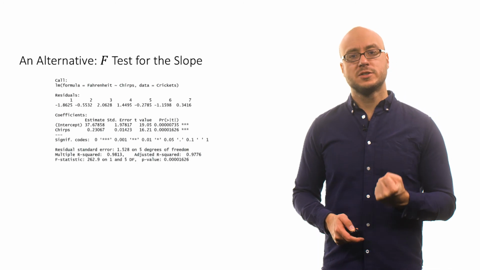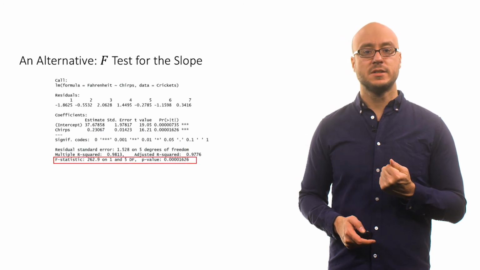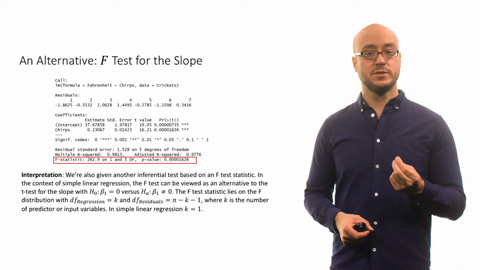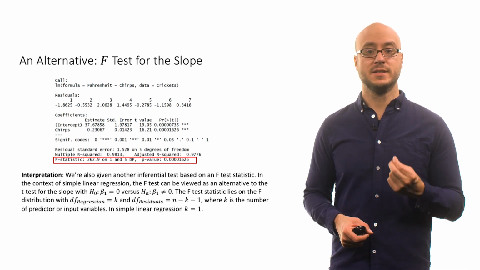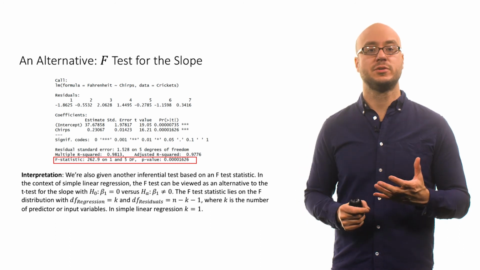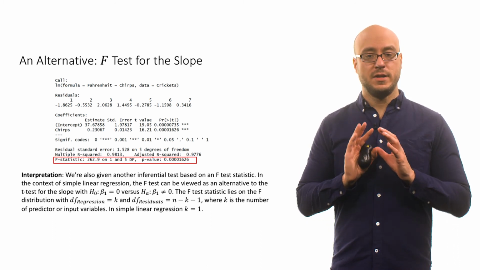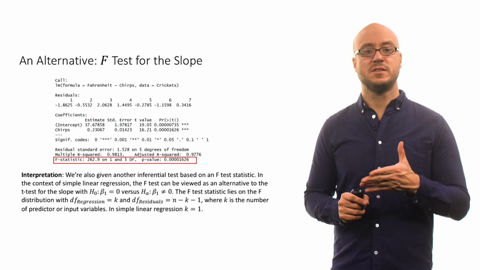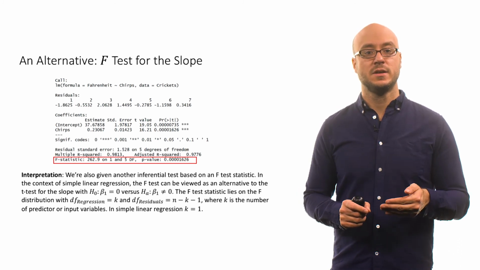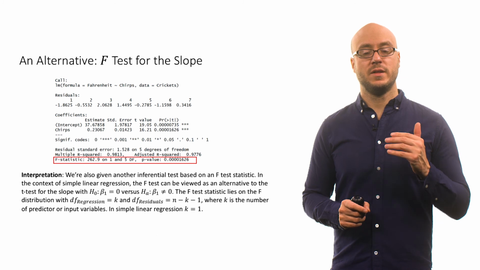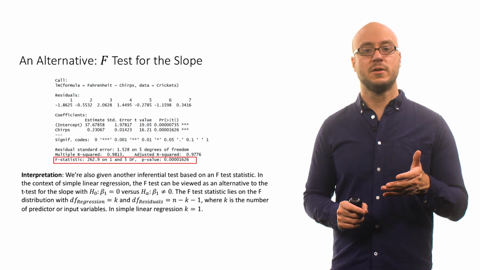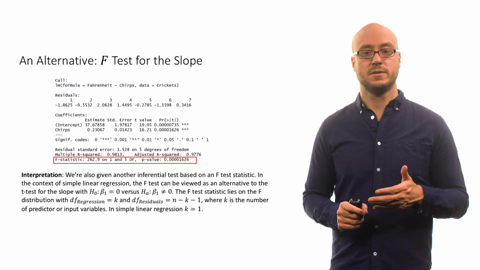The output also gives us something called an F-test for the slope. This is an inferential test based on the F test statistic, which lies on the F distribution. Intuitively, the idea is that with a simple linear regression, the F-test can be used as an alternative to the t-test for the slope, with the null that the population slope equals 0 versus the alternative that it is not equal to 0.